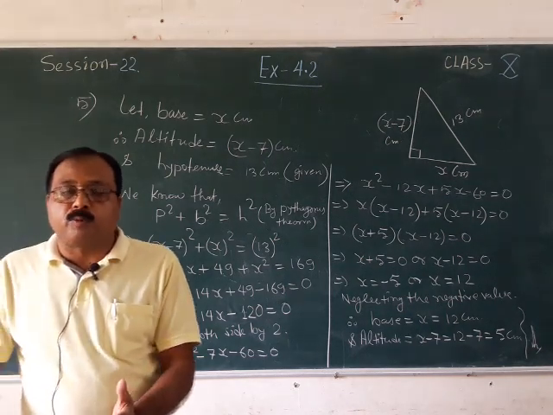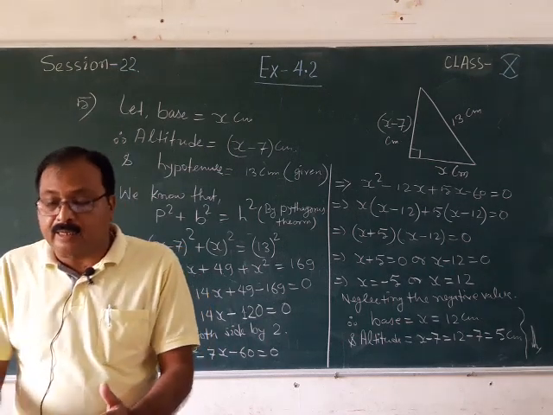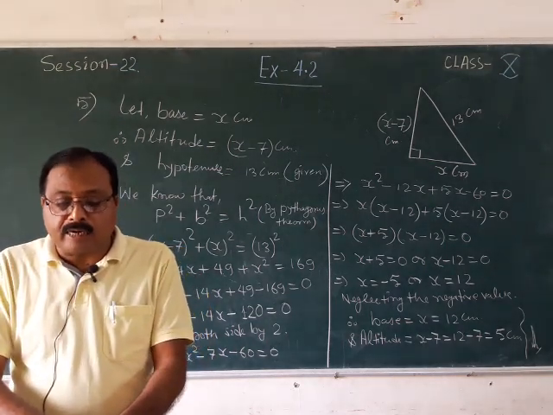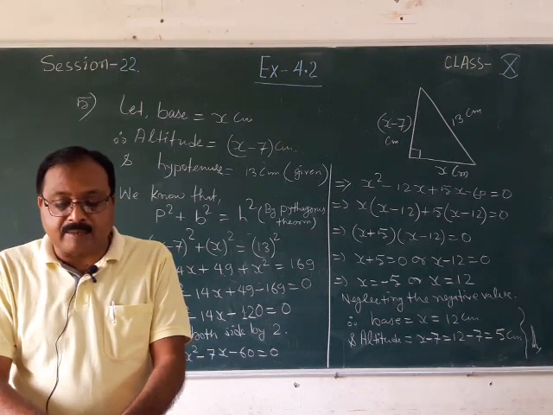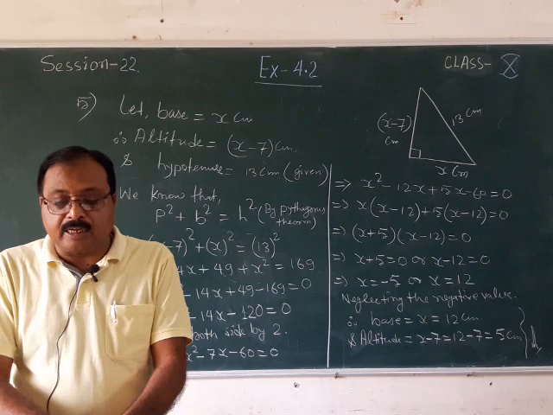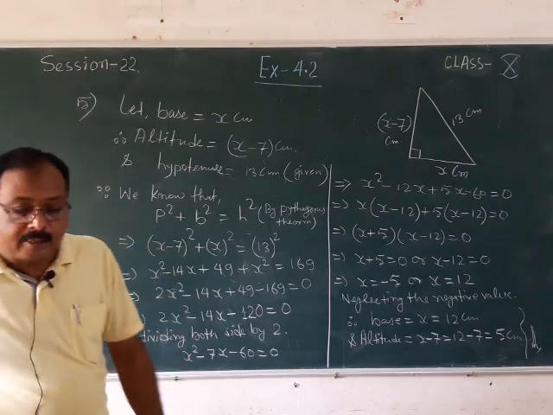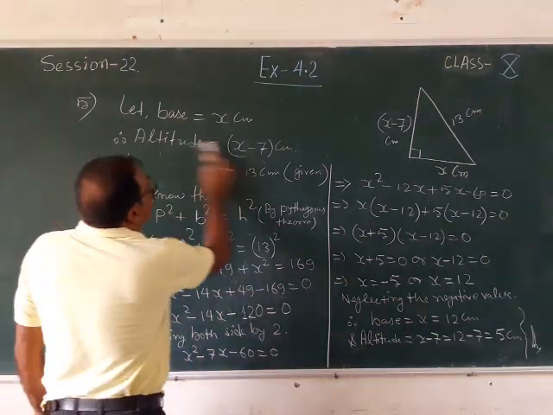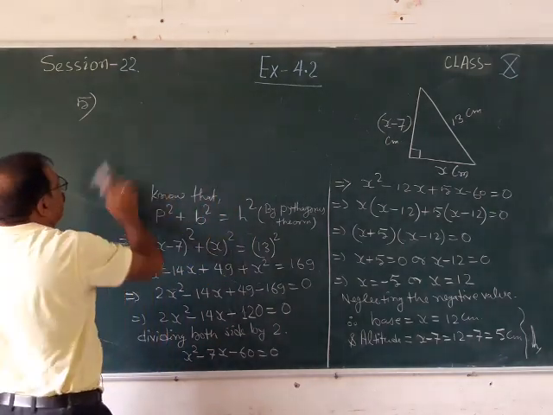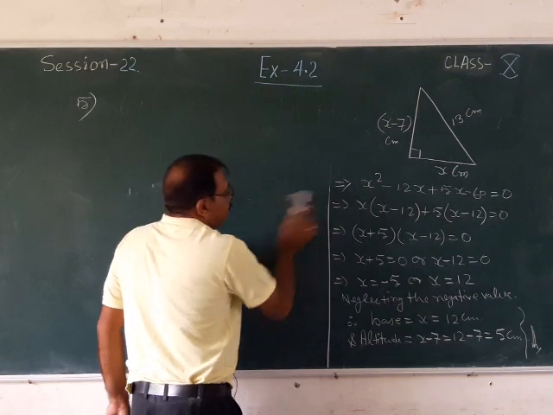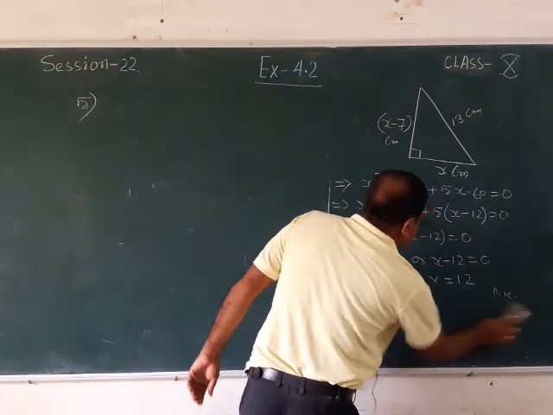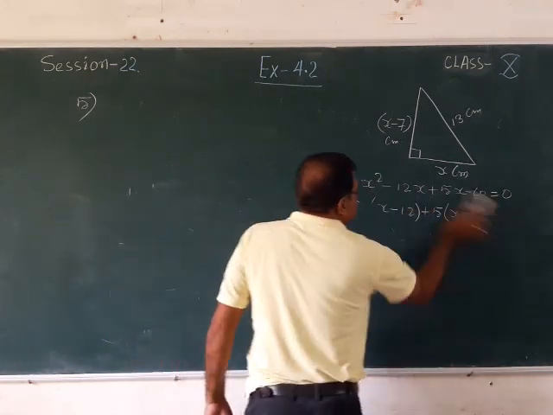So, if you are producing x articles, the cost of one article will be rupees 90 upon x, and in the question it has been given that 2x plus 3 equal to 90 by x. I will frame the equation for question number 6, then you can solve it easily.